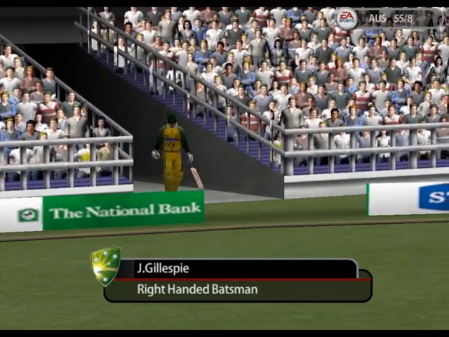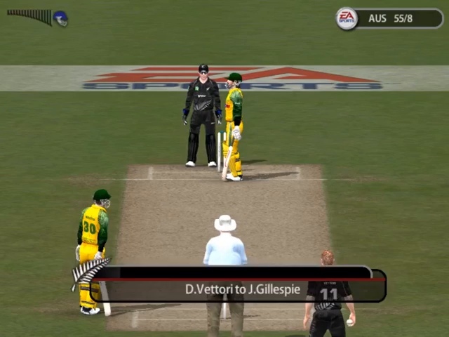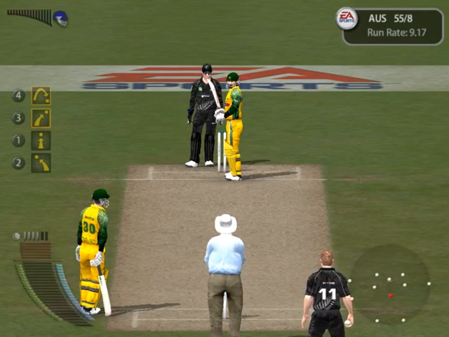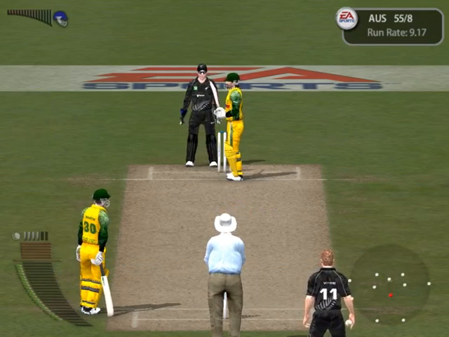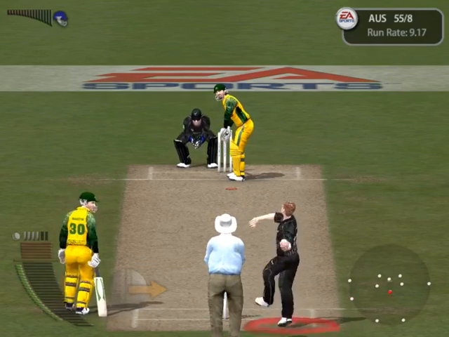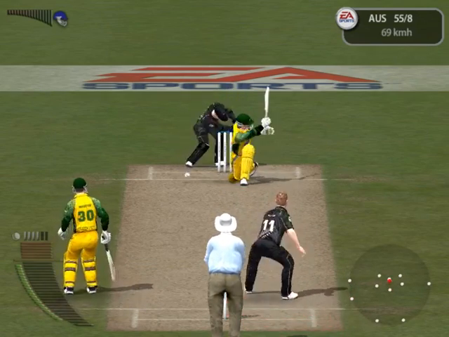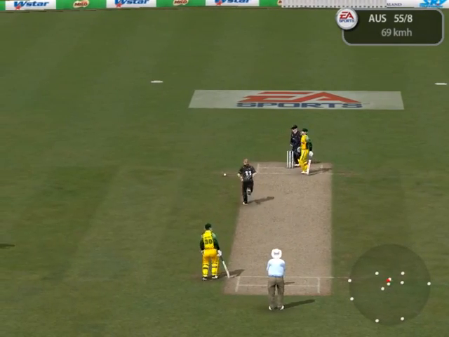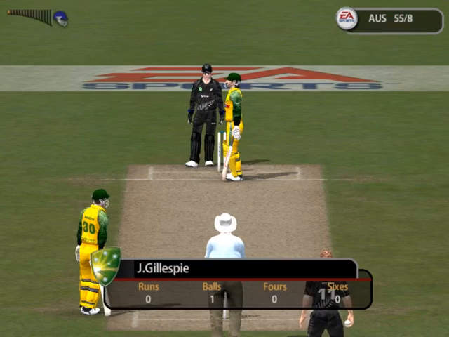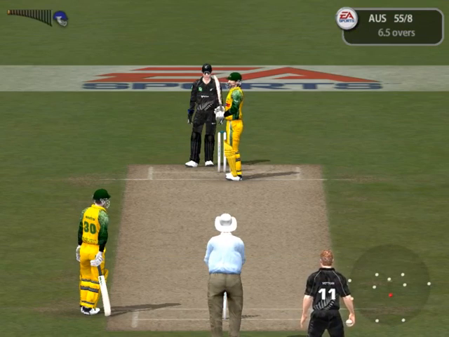The next batsman is Gillespie. Gillespie to face the hat-trick ball. Gillespie facing.